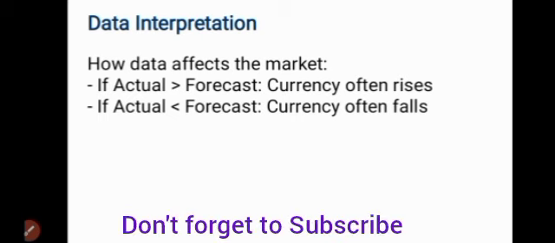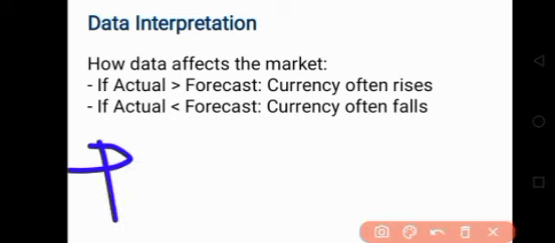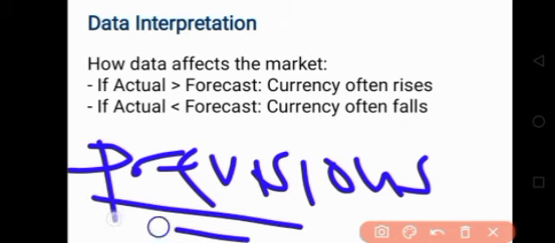So how do we interpret this data, okay? If actual, oh, mistaken here. If it is previous, we say it is previous data. So it is previous data, not actual data, okay?